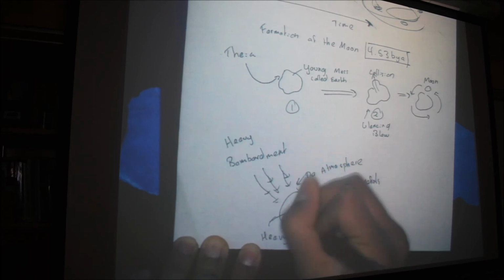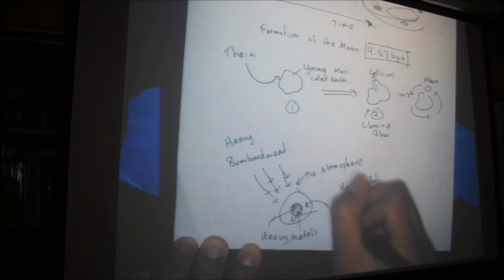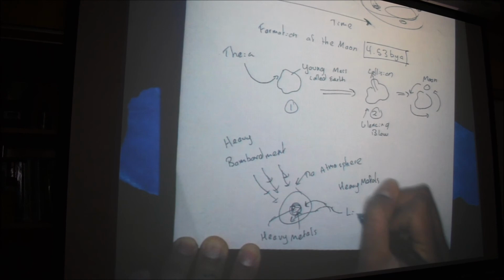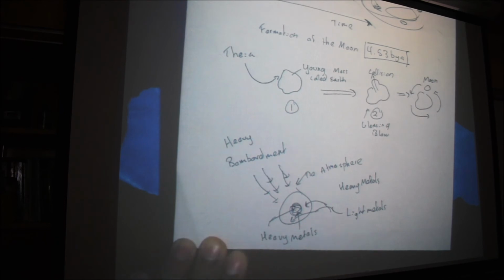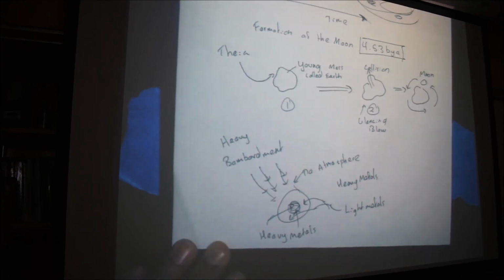And on the outside, you're going to have these lighter metals. And the segregation is due to the difference in mass, density, but also the effect that's going to have on gravity. So if you're heavier, you're going to go towards the center more. Okay, cool. There you go.